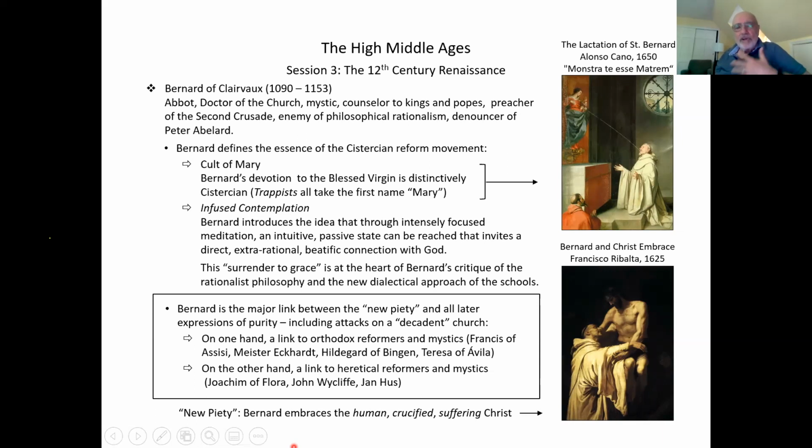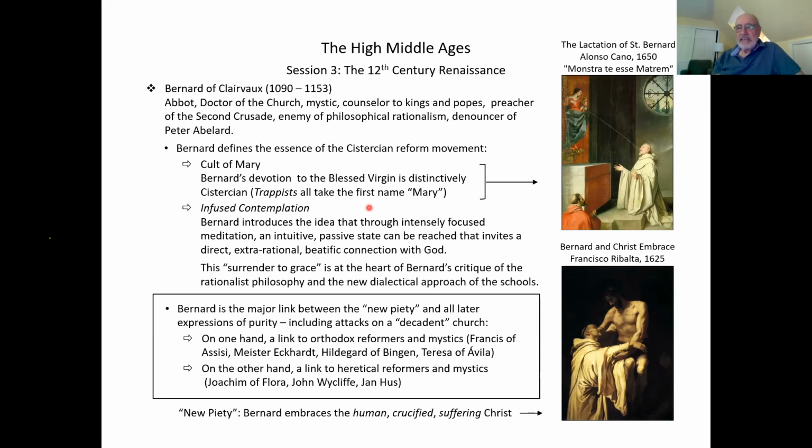You have Bernard's idea of infused contemplation. He introduces the idea that through intensely focused meditation, an intuitive passive state can be reached that invites a direct, extra-rational, beatific connection with God.